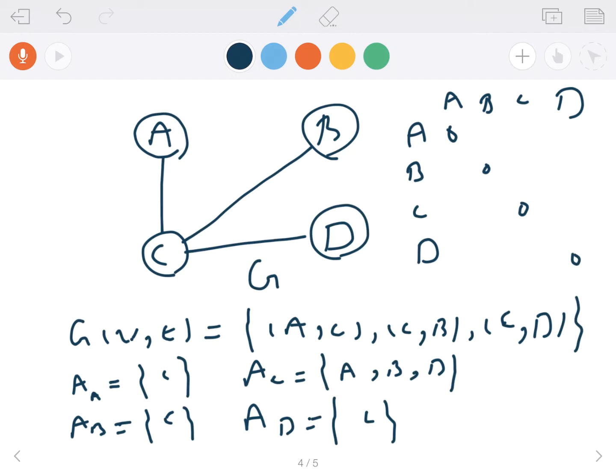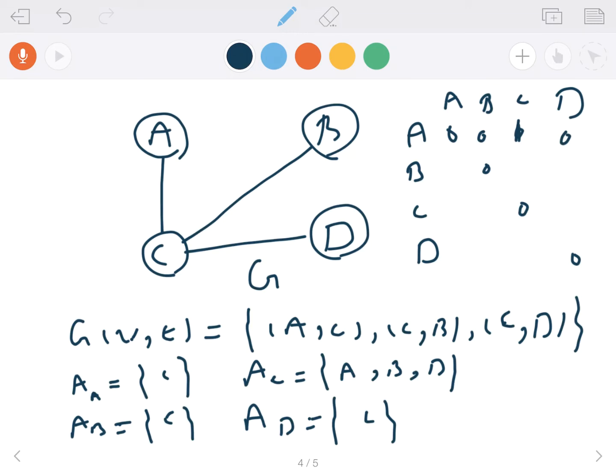It means that there is no edge directly from any node to itself. From A to B, there is no direct edge, so we are putting 0 here. A to C is 1, because there is one edge, and from A to D there is no edge, so it's going to be 0.